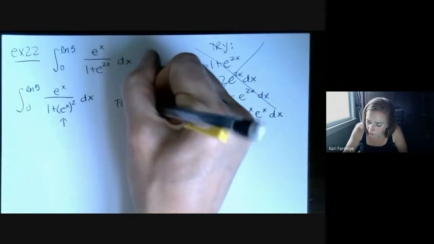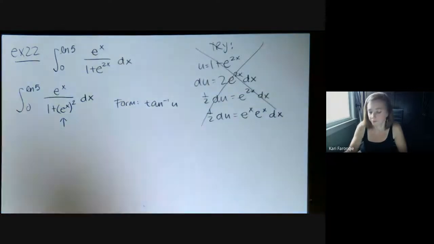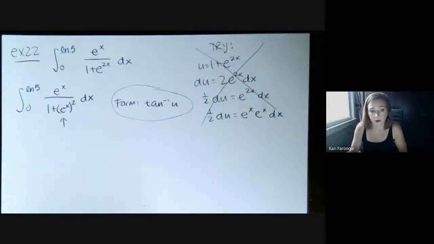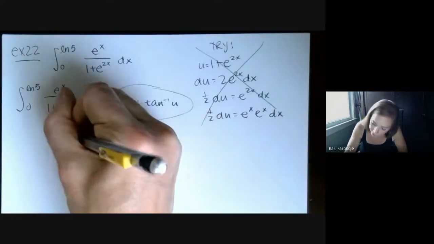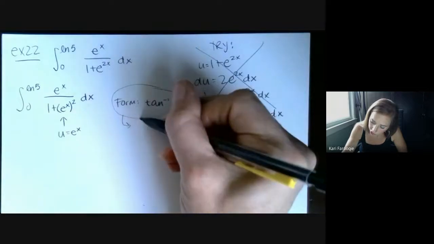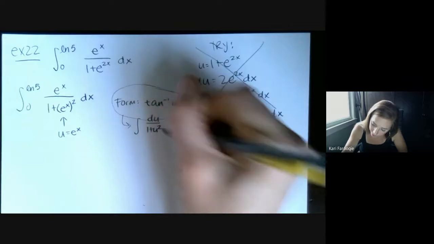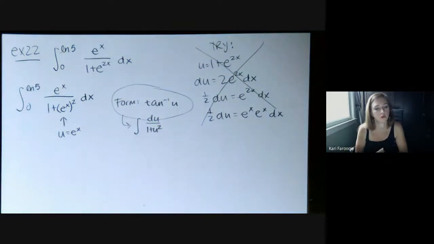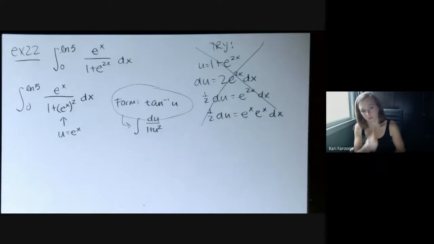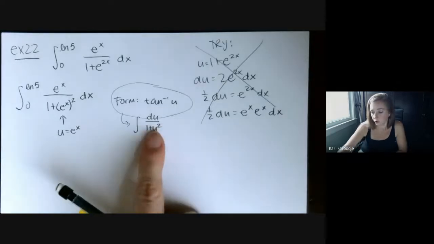This is of the form inverse tangent u. You're going to let u be e to the x. Oh, and remember, I know we just did one of these, but we're on another page now, so we're going for du over 1 plus u squared. So if we let u be e to the x, then e to the x squared we have, which is what we're looking for here.